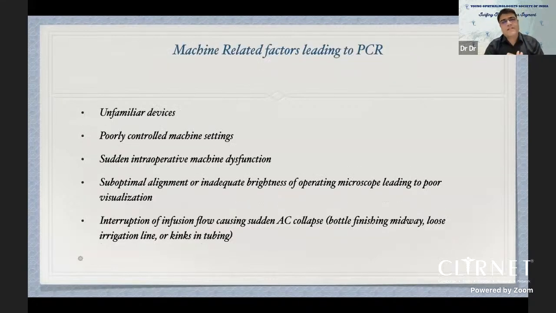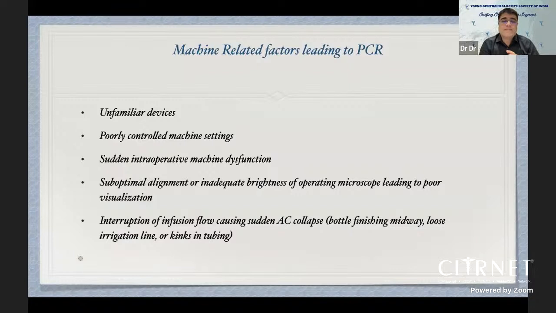There may be some machine-related factors which can lead to PCR, like if we don't have good settings on the machine, there's a lot of surge, or if there's sudden intraoperative machine dysfunction. If there is inadequate brightness of the operating microscope, there's poor visualization and you're not able to visualize properly, which increases the chances.